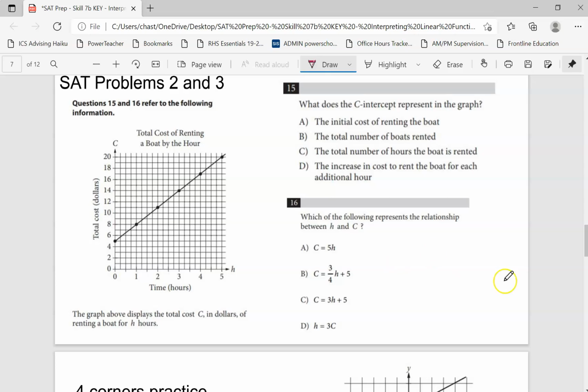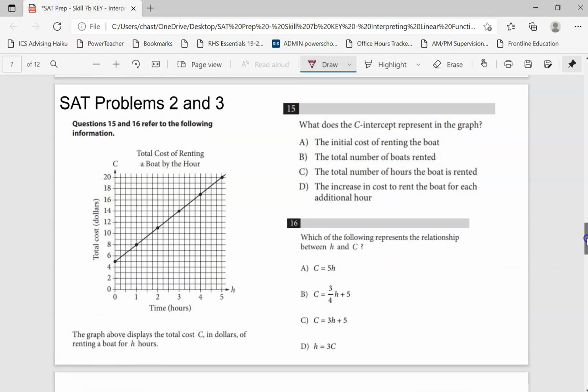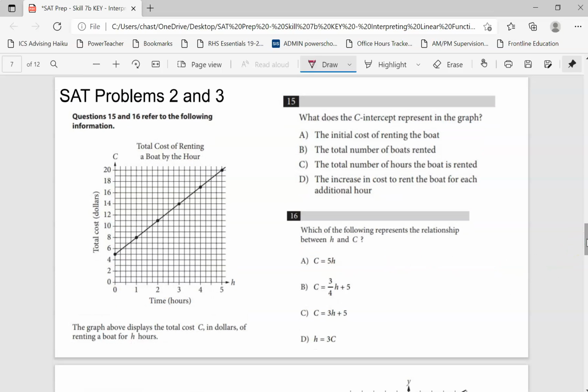All right, for these problems, we're going to put on a little bit of what we talked about last class. So we have a graph here that talks about total cost of renting a boat by the hour. Okay? So you can see these dots, and it says the graph above displays the total cost C in dollars. Notice that's your Y variable of renting a boat for H hours.